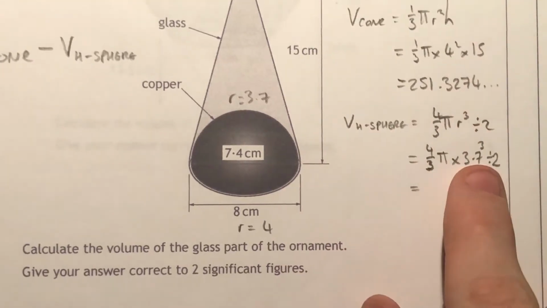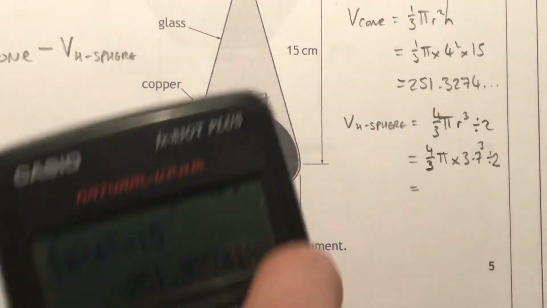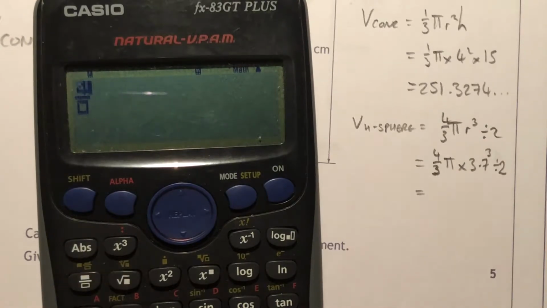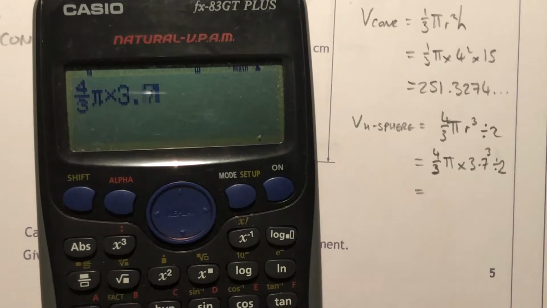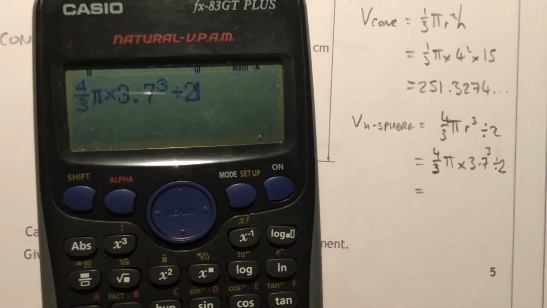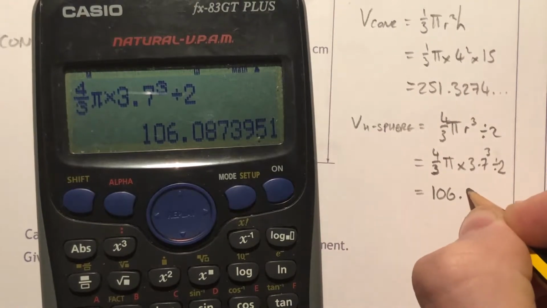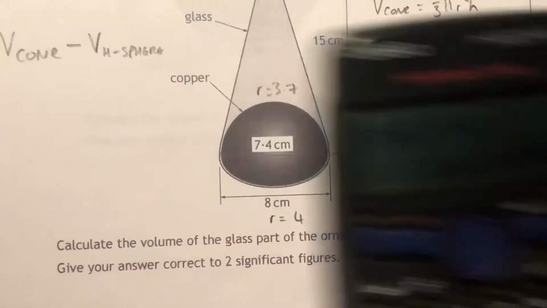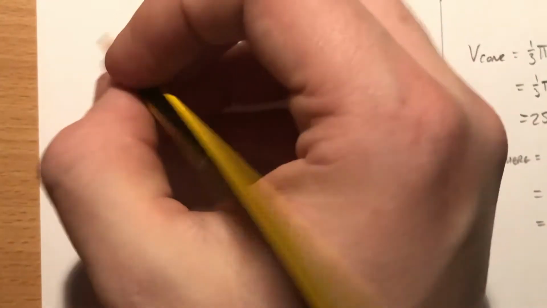The most common error we see when everybody's doing a sphere tends to be that they either miss the power completely or they put a squared instead. Please make sure you're putting the cube in there. So 4/3 pi times 3.7 cubed divided by 2 gives me 106.0783, etc.